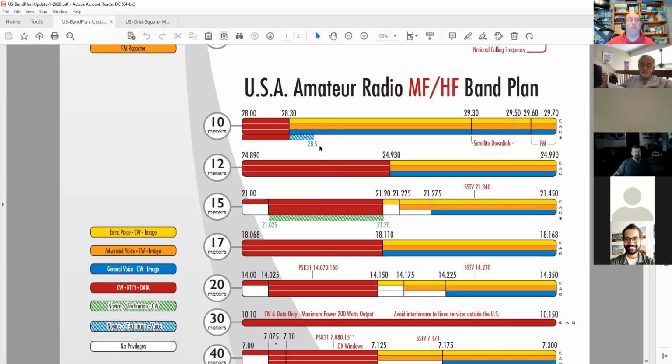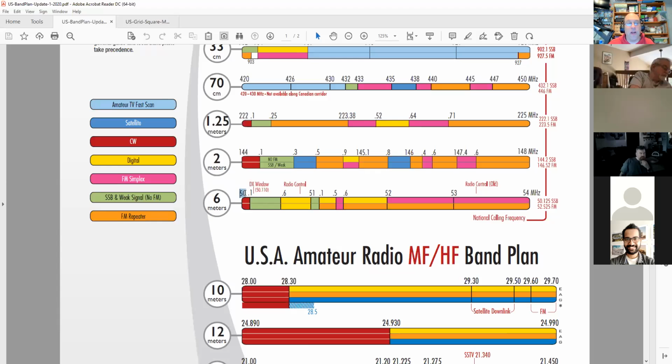Notice this says CW, RTTY, and data. RTTY is teletype. You are allowed to use that section of the 10-meter band for digital communication. So if you want to practice playing around with digital with a technician license, you can do that.